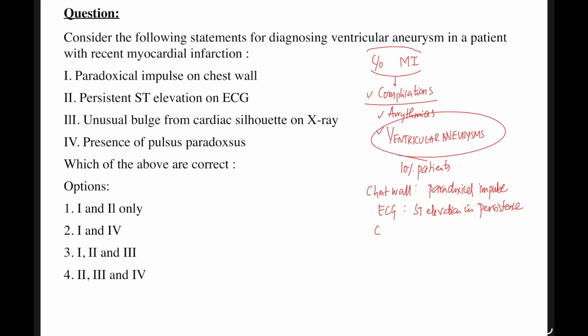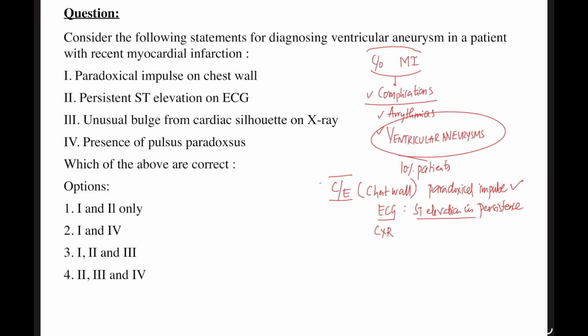And when you do a chest X-ray, so you have inspection, in cardiac examination it can be palpation or auscultation, you will see a paradoxical impulse.